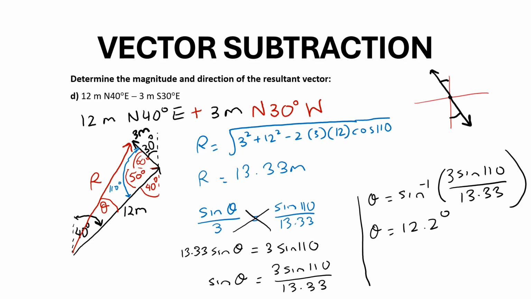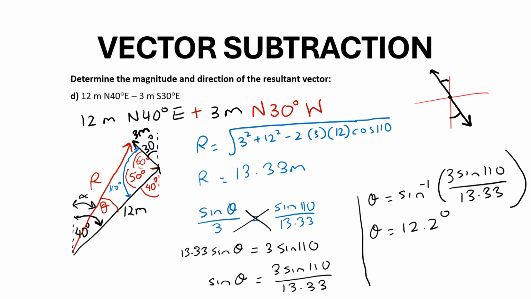So now let's find the angle from a major point to the resultant. So we can find the angle from north to the resultant. So we can say north and then the angle, and then we can say east. Okay, so let's find the angle from north to the resultant. So we can just find this angle from here to here, and we can call this angle alpha.